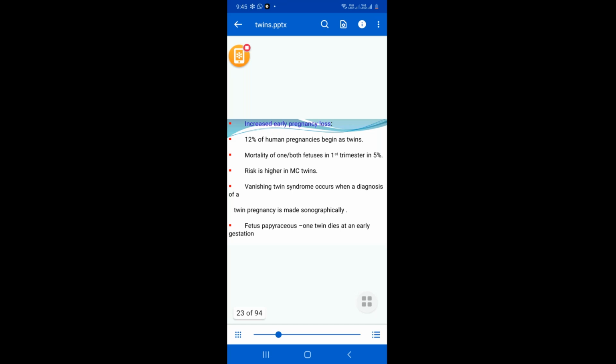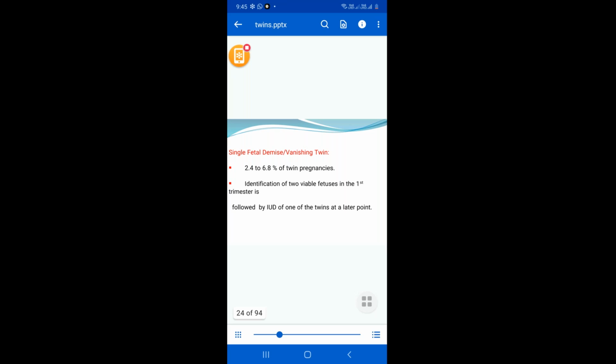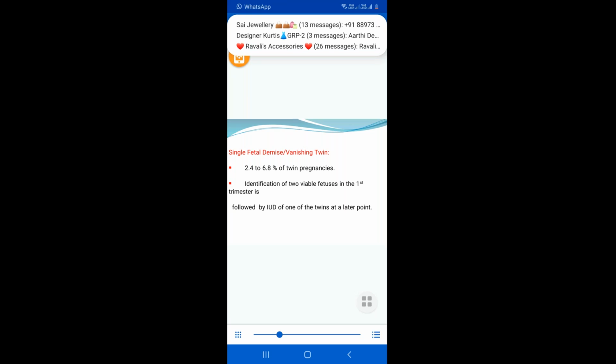Whereas fetus papyraceous is when one twin dies at an early gestation and you come to know only after the delivery. Single fetal demise or vanishing twin constitutes 2.4 to 6.8% of twin pregnancies.